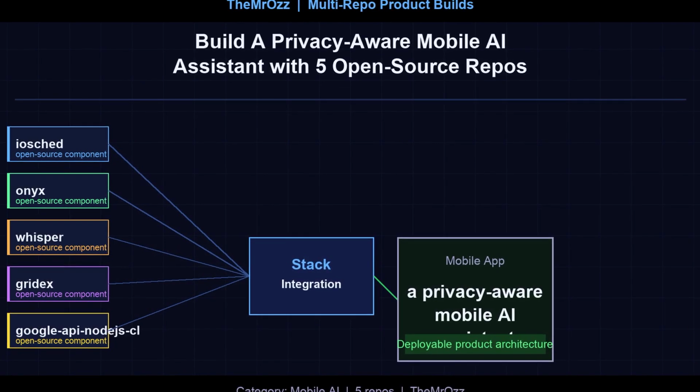When it comes to managing and querying data, the gridex repository offers a powerful backend solution. As a database IDE, gridex supports multiple database engines, allowing the app to store and retrieve data efficiently, all while leveraging AI for query suggestions and optimization. Finally, for authentication and authorization, the google-api-nodejs-client repository plays a crucial role.